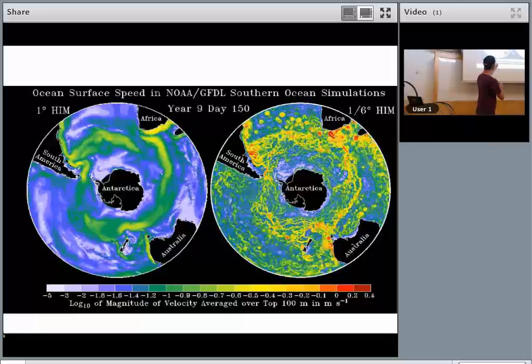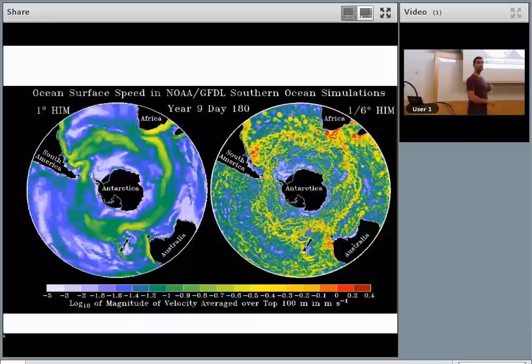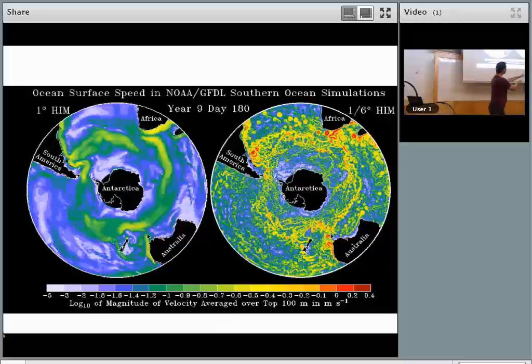You have this large current, which by the way is called the Antarctic circumpolar current, one of the main current systems in the global ocean, and that goes all around Antarctica. So overall, you have the same picture with this ring of strong surface currents.